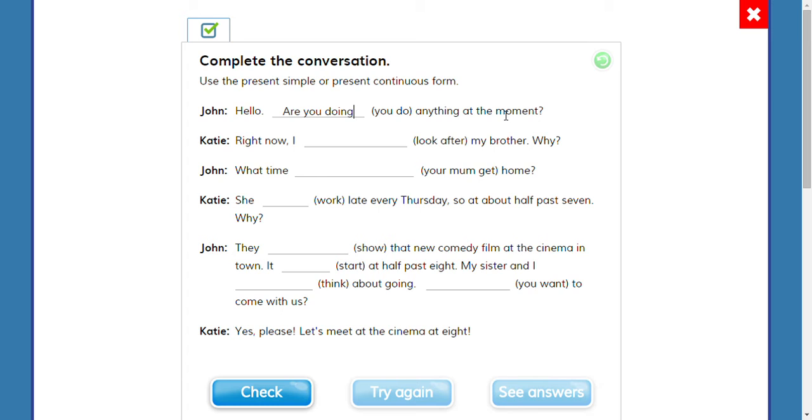Remember, in progress, in this moment. Right now, in this moment, okay, in this moment is in progress. I'm looking after. When I say look after, it means like in Spanish, take care, okay? Take care. Looking after my brother. Okay, maybe her brother is 4 or 5 years old, so she's in this case looking after.